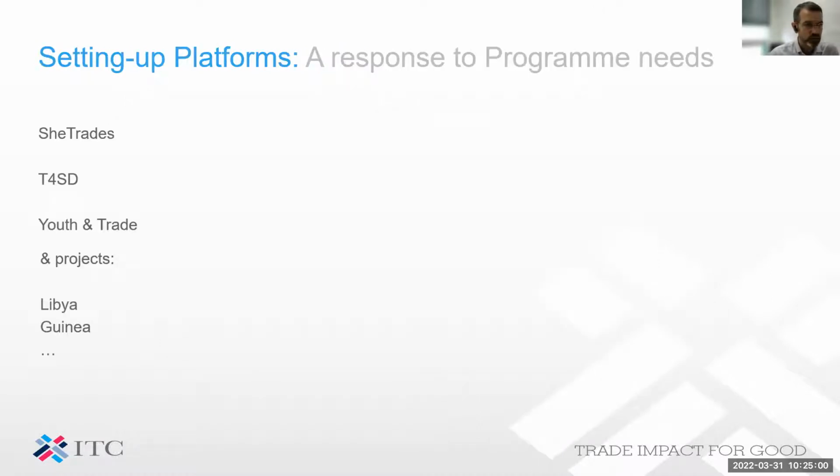So here are the names of some of the programs I mentioned before. SheTrade, Trade for Sustainable Development, Youth and Trade is also a large project of ITC. I'm currently heavily involved in a project in Guinea and one in Senegal.